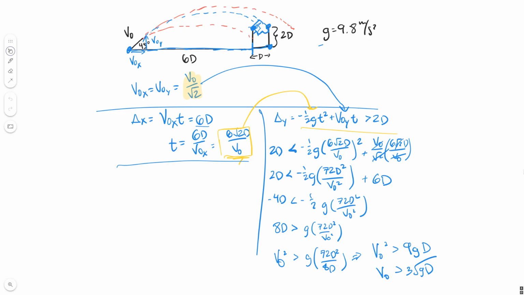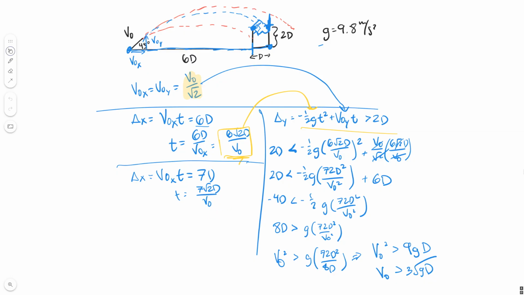Now we need to think about what happens when the change in x is 7d. So when the water comes to this side of the water tank, we need the height to be less than 2d. So again, we saw what is the time that happens.